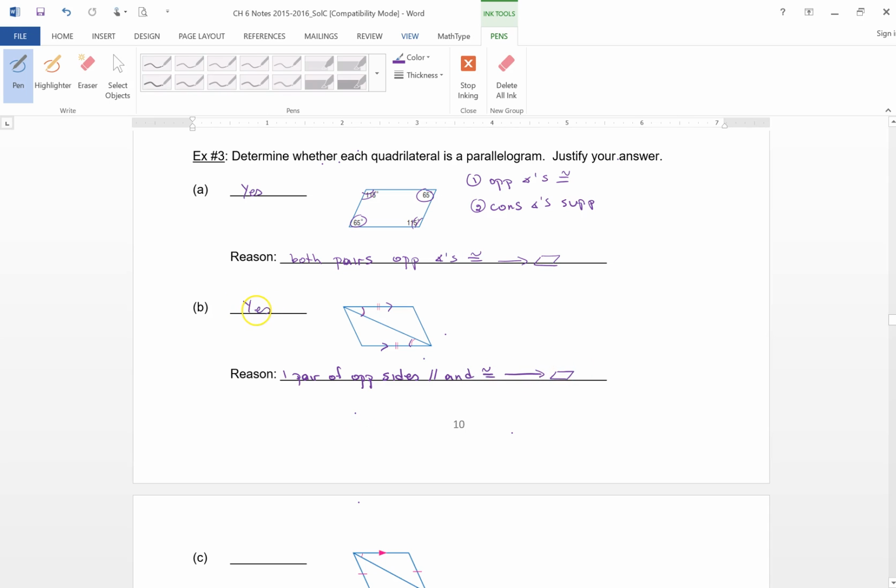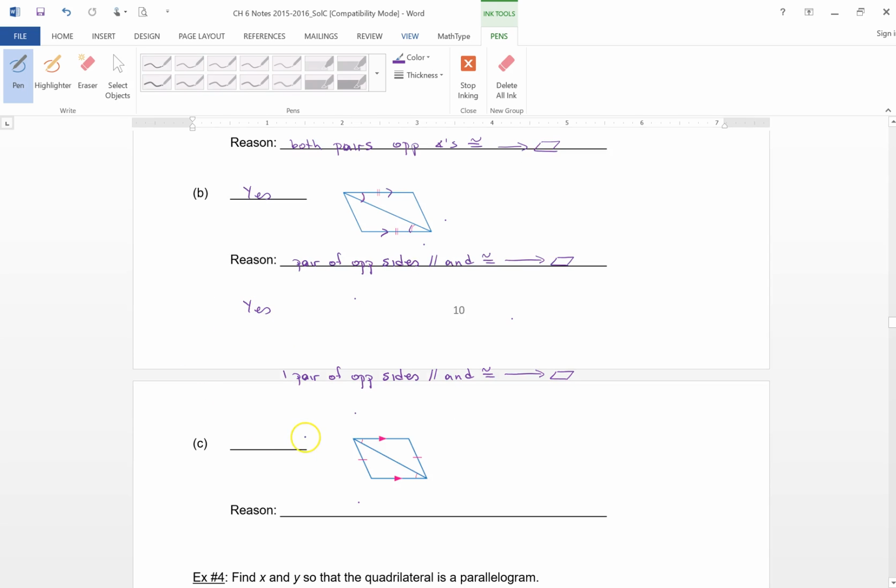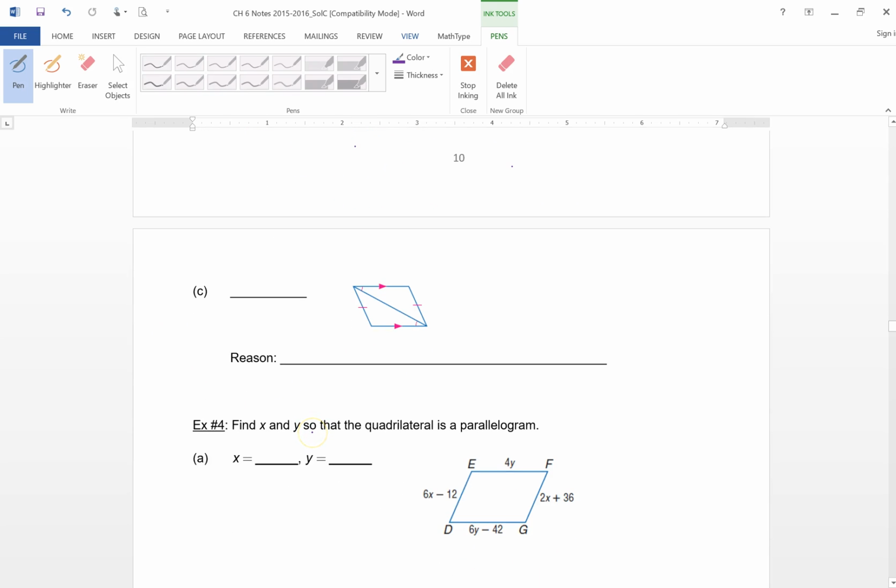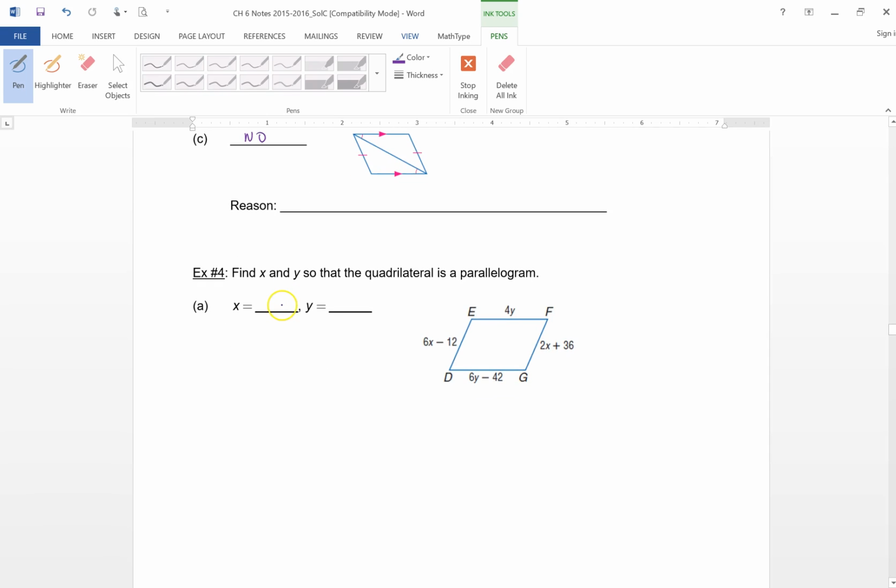So this is also yes. Here you have one pair of sides congruent, a different pair are parallel. This is not the case. This is not a parallelogram. So none.